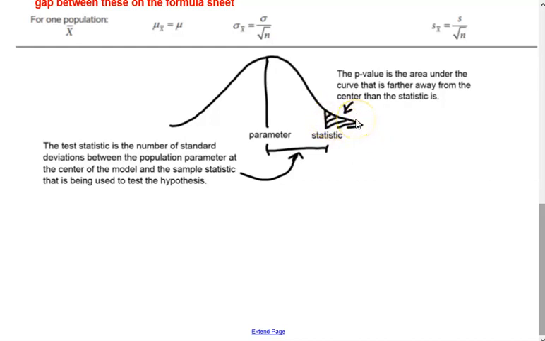Sometimes it's to the left, sometimes it's to the right, sometimes it's both the left and right put together if we have our alternate hypothesis being not equal to. But it's always the area to the outside of where our test statistic, our sample statistic, is. So the test statistic is the measurement of the number of standard deviations between our population parameter and our sample statistic when we do a hypothesis test.